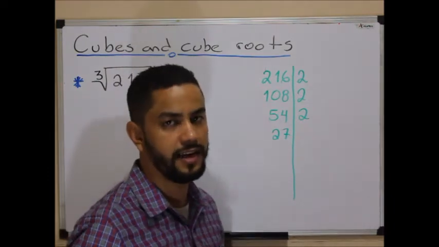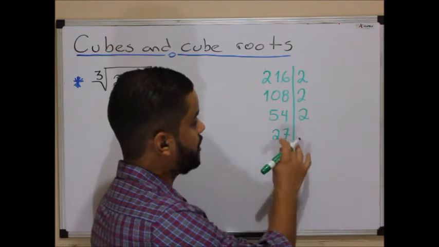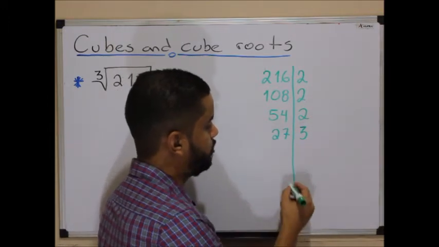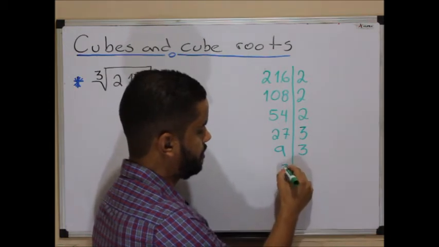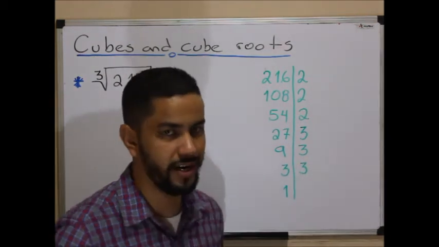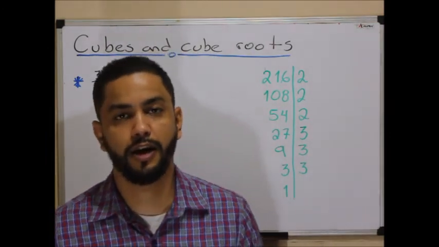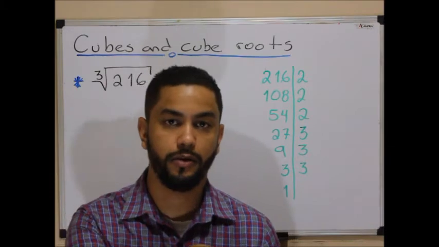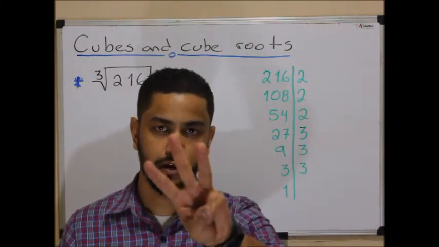27 does not have half, but instead it has a third. So we're going to divide 27 by 3. It will be 9. 9 is divisible by 3. That is 3, and 3 is divisible by 3, that will be 1. So what we're going to do, instead of finding couples like we did yesterday, we're going to find groups of 3.